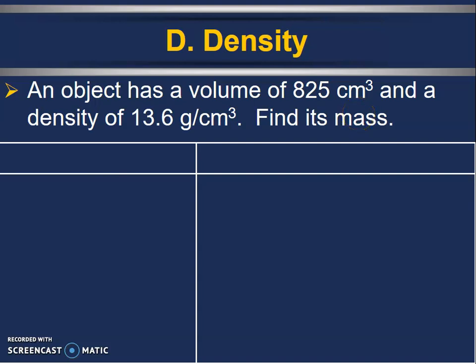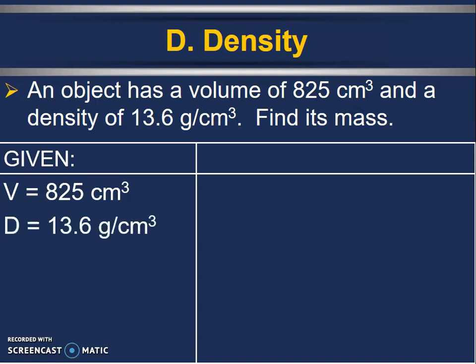So right at the beginning, I was given a volume. So volume V equals 825 centimeters cubed. I'm going to write down my unit because I need to keep up with my units. Okay, what else was I given? Oh, I was given a density is 13.6 grams per centimeters cubed. And what was I asked to find? I was asked to find my mass.